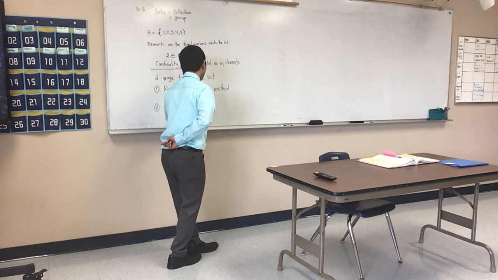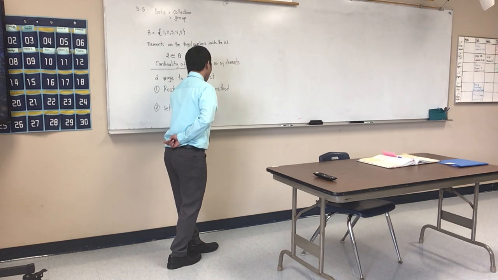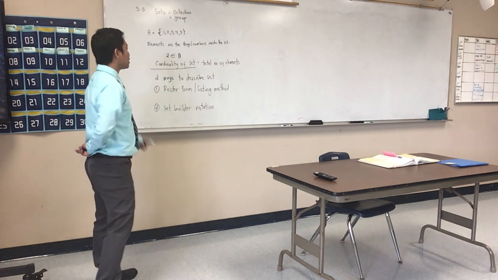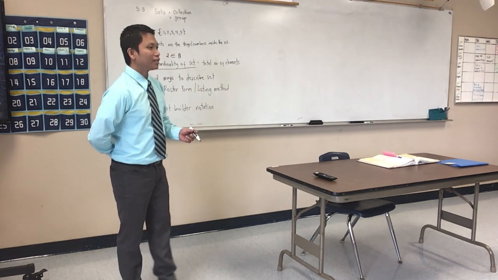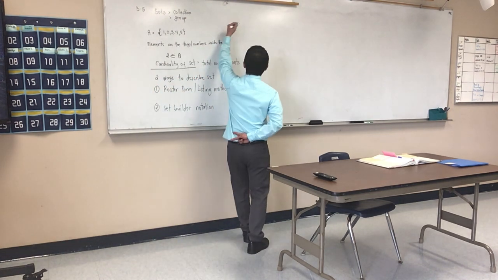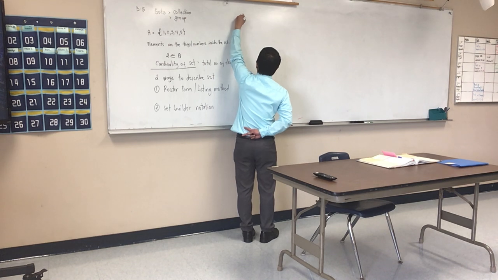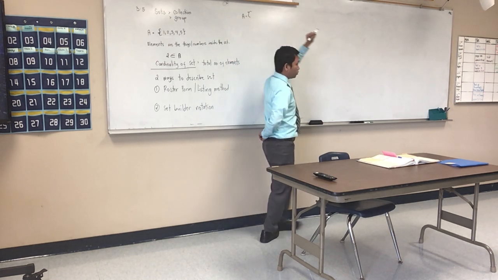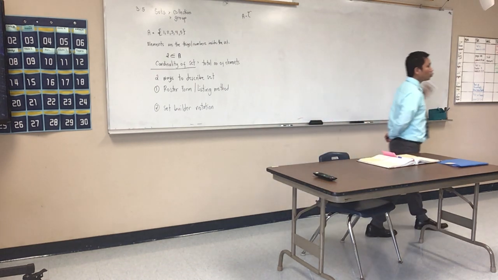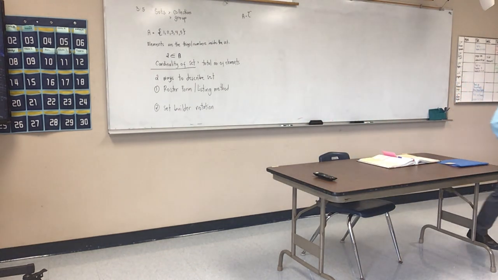Okay, so let us describe a set using these two methods. For example, we have set A. Set A consists of elements that are divisible by 2 and less than 10. What do you think are the possible elements?